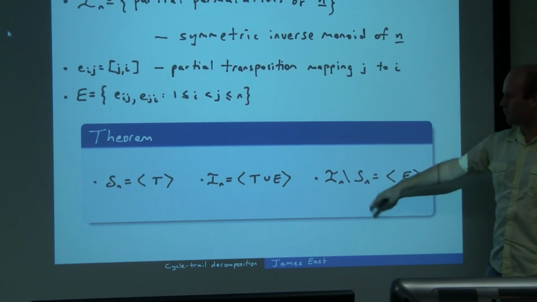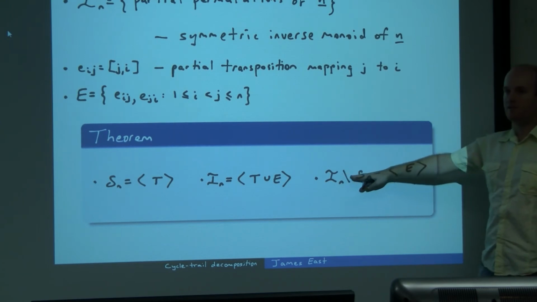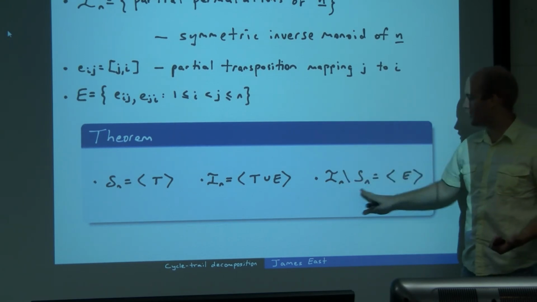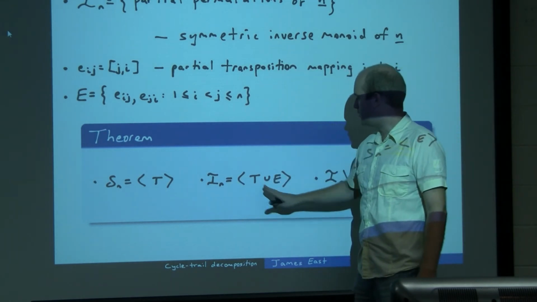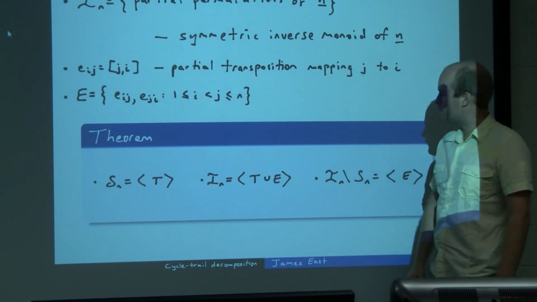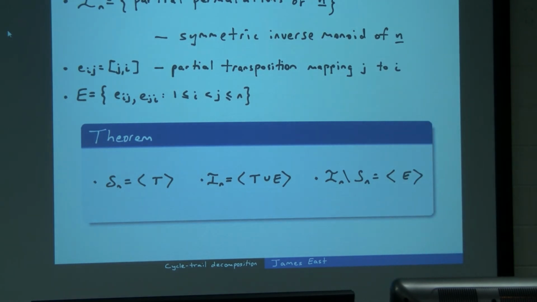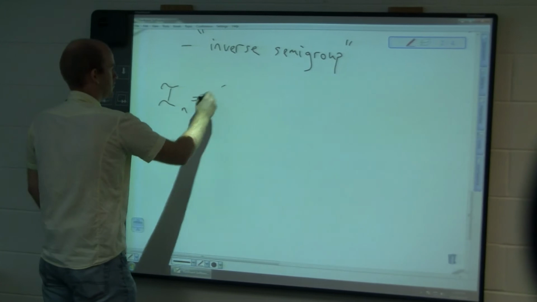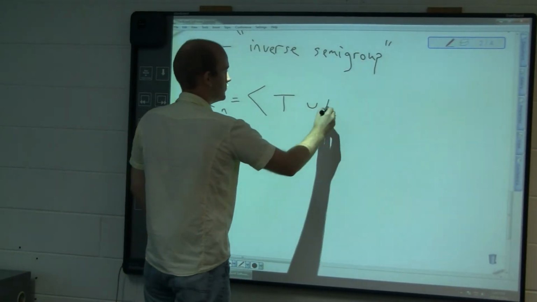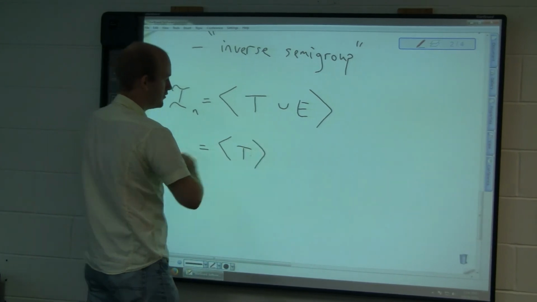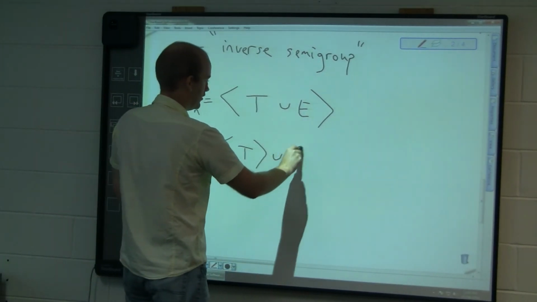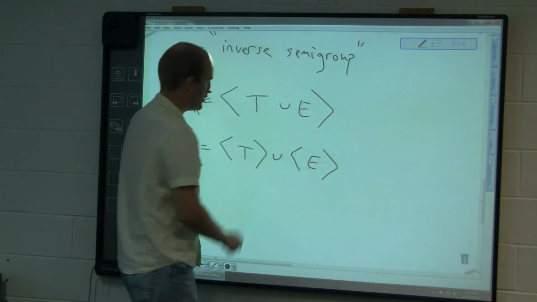And then, since everything from In is either in Sn or In minus Sn, it follows that the whole thing, In, is generated by T and E. In fact, something slightly better can be said. So In is generated by T and E, and in fact it's equal to the union of the sub-semigroup generated by T and the sub-semigroup generated by E.